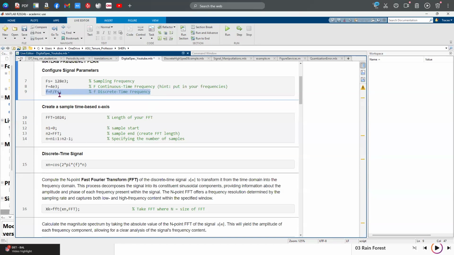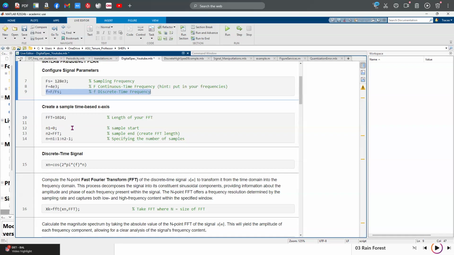Little f is called the relative frequency, and it's expressed in cycles per sample. Understanding this relative frequency is super important when designing filters, analyzing signals using the FFT, or building systems like spectrometers in MATLAB.